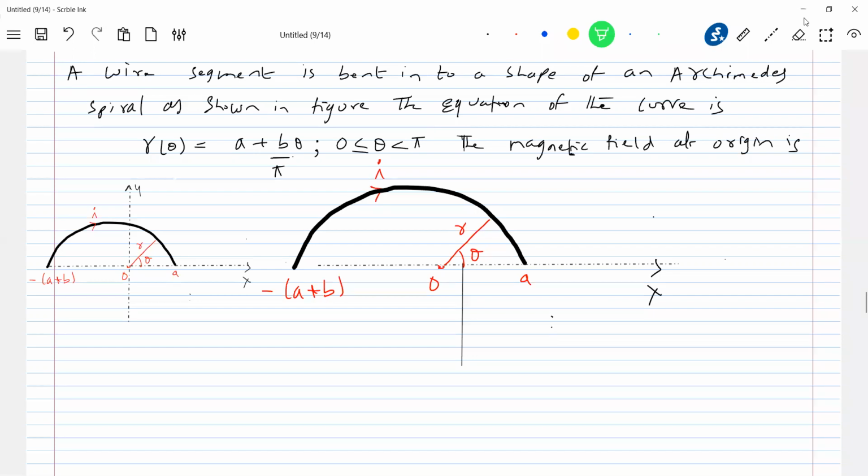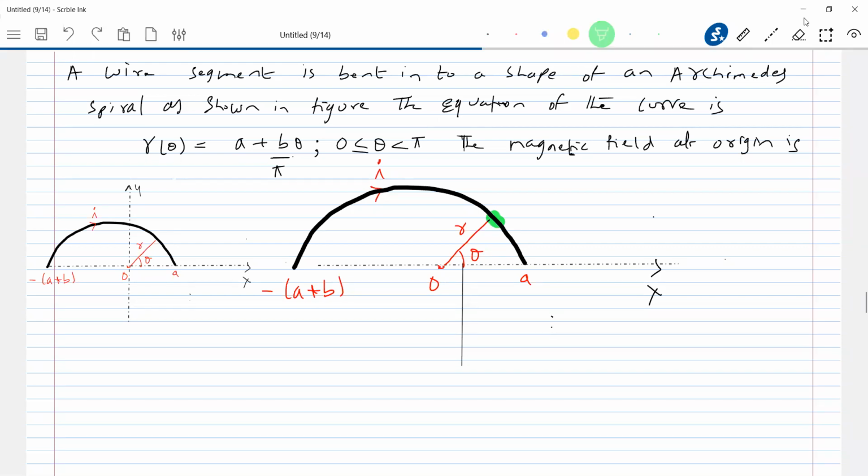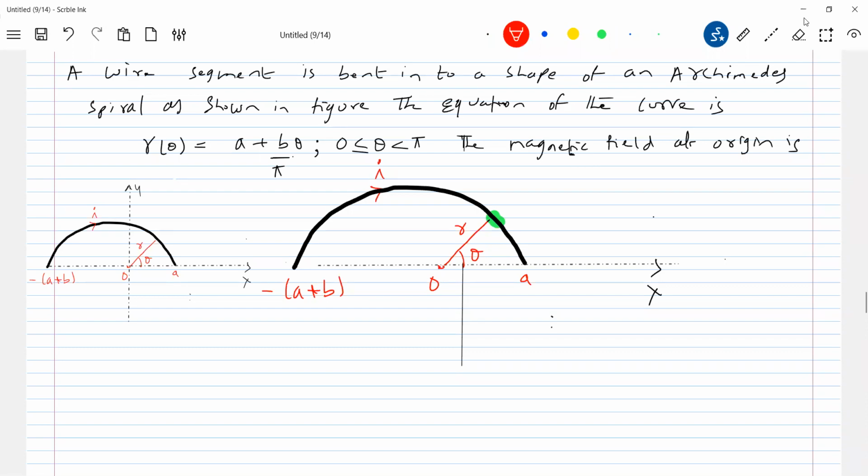This current element here, you assume a current element. Will the arc length be equal to r d theta? It should be. But look at this one. The center of the semicircular ring will be somewhere here. This is what we defined as O. The center C should be somewhere here.